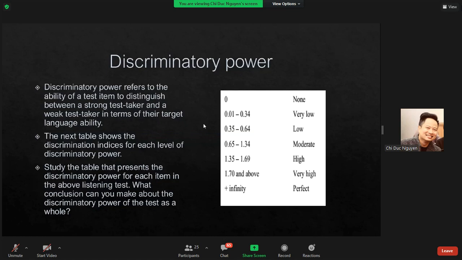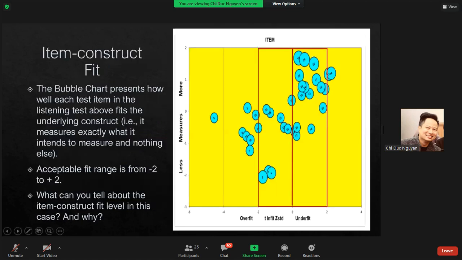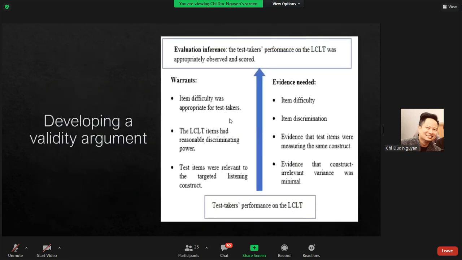Okay, so if we come back to the claims that we made from the previous one, the second variant over here is that all the items have reasonable discriminating power. So we can say that, okay, this variant is accepted. Yeah, so the previous variant is not accepted. And the final variant that we need to make here is that all the test items are relevant to the listening construct, to the underlying construct of the test.